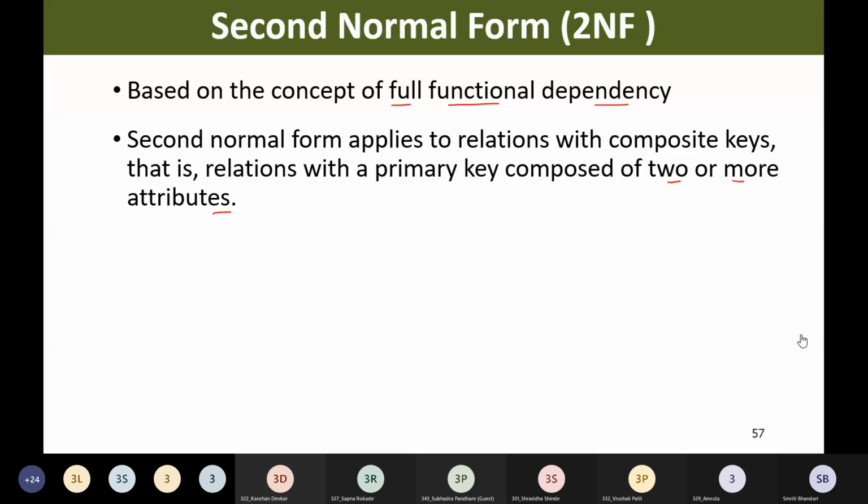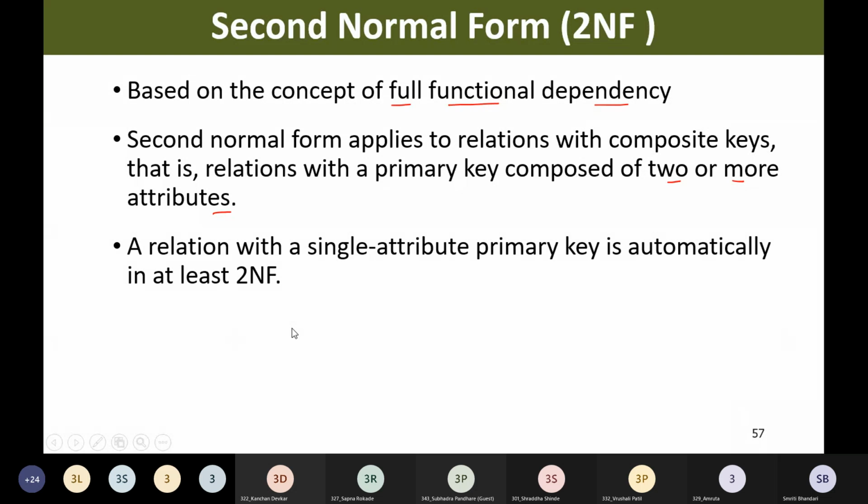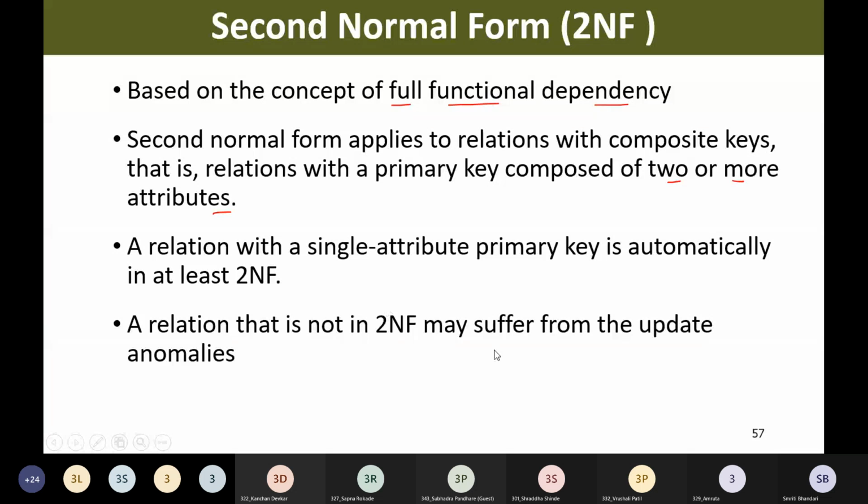So if the relation has a primary key comprising two or more attributes, the second normal form applies to such relations. Now, a relation with a single attribute primary key is automatically in at least 2NF.